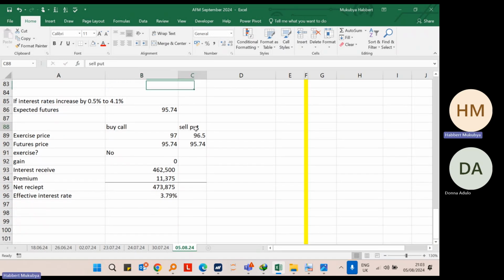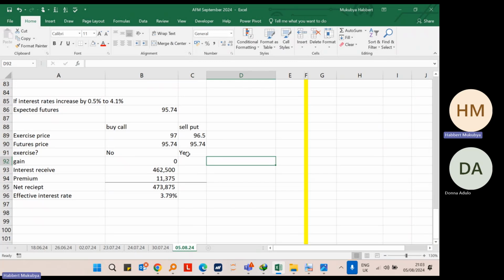So now this person here, we have sold our put option, we have sold him a right to sell at 96.5, whereas he could have sold at 95.74. So would he exercise? Yes, because our option lets him sell at a higher price.